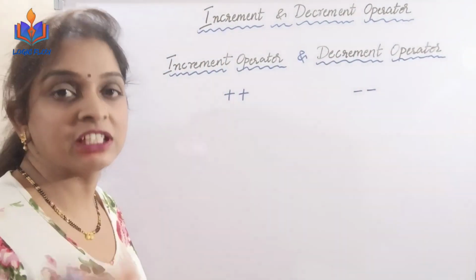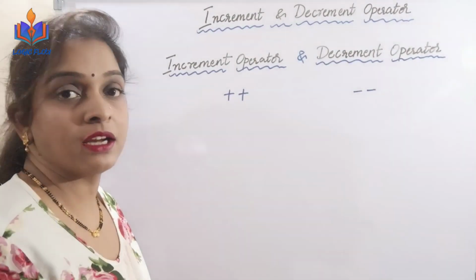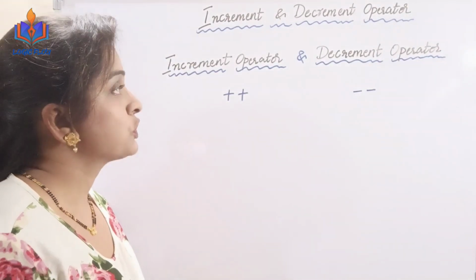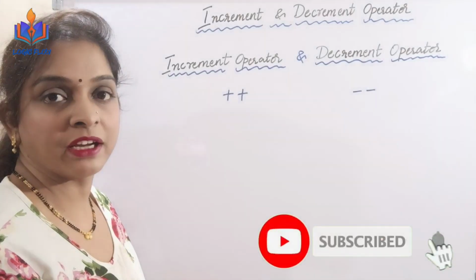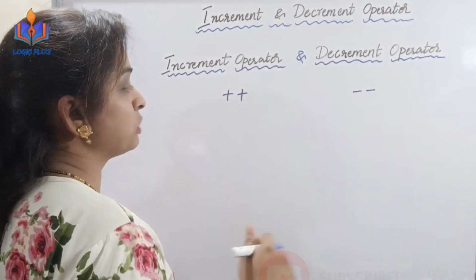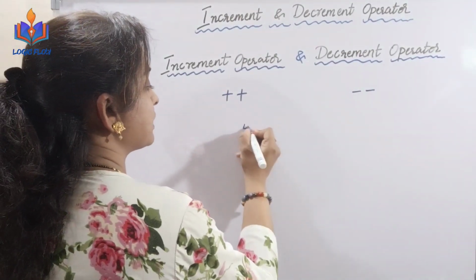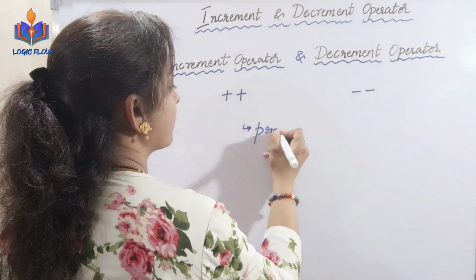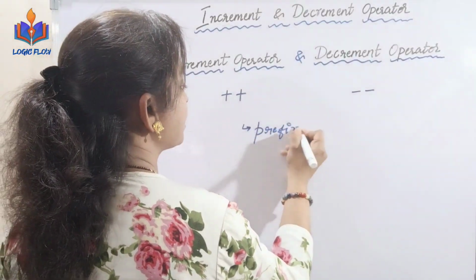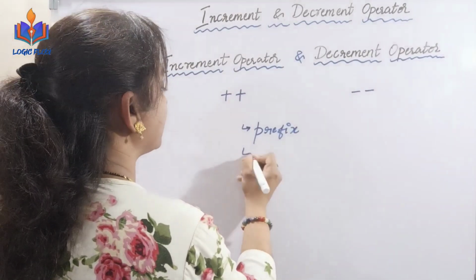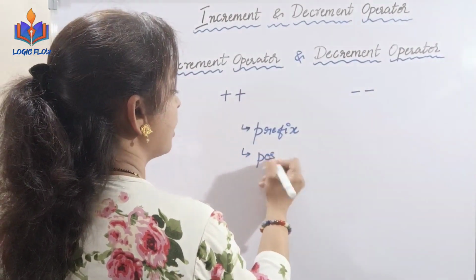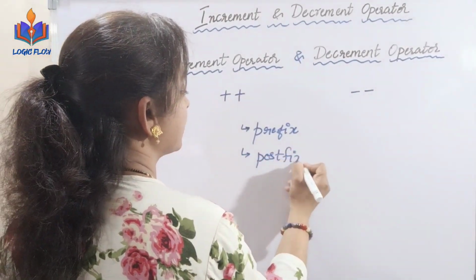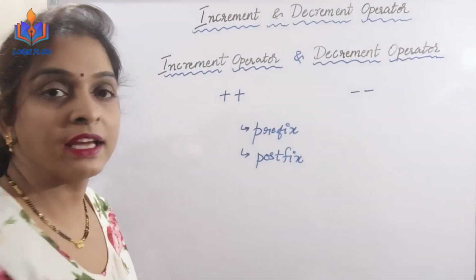Well, we have different types of increment and decrement operators. The increment and decrement operator is classified into two types. We call them prefix increment or decrement operator, and postfix increment or decrement operator.